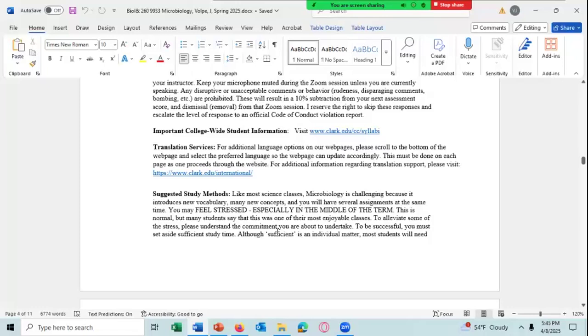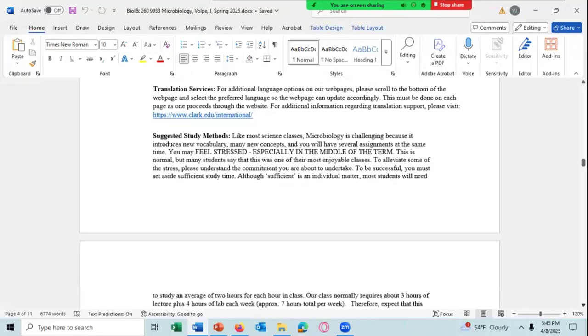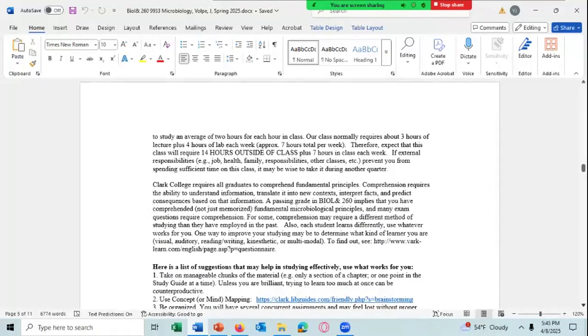To be successful, you must set aside sufficient study time. Although sufficient study time is an individual matter, most students will need to study an average of 2 hours for every hour of time they spend in class. Our class will normally be about 3 hours for lecture and 4 hours for lab.